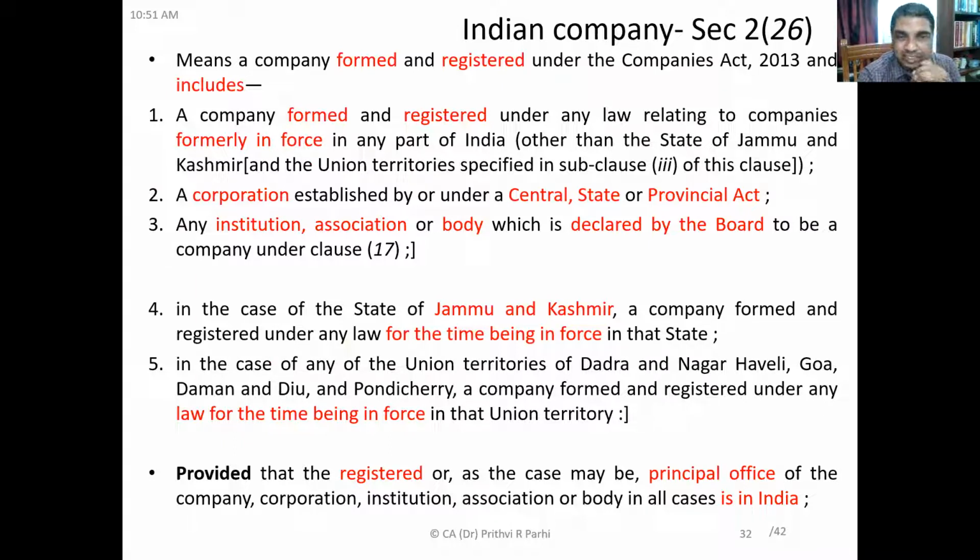It also includes a corporation established under central, state, or provincial law, an institution, association, or body declared by CBDT as a company, and companies formed in the state of Jammu and Kashmir under any law in force at some point of time. It also includes companies formed in union territories like Dadra, Nagar Haveli, Goa, Daman, Diu, and Pondicherry, as per the law applicable in those territories at some point of time. So this is the meaning of Indian company.